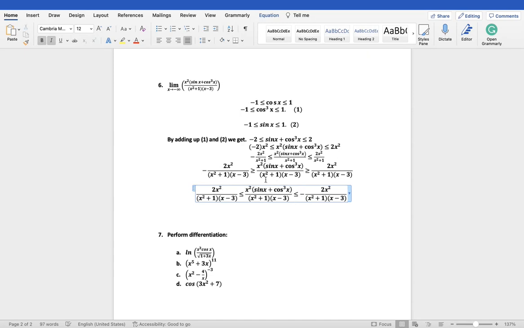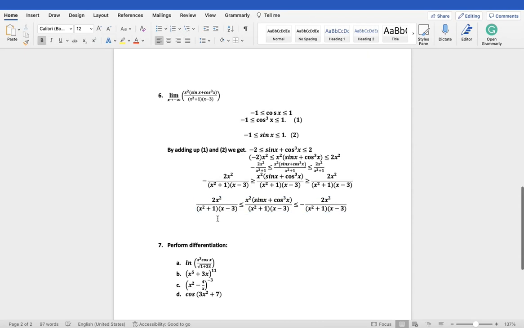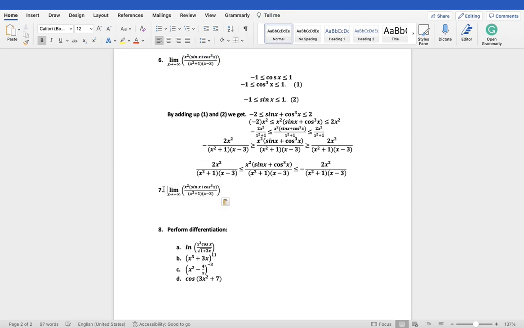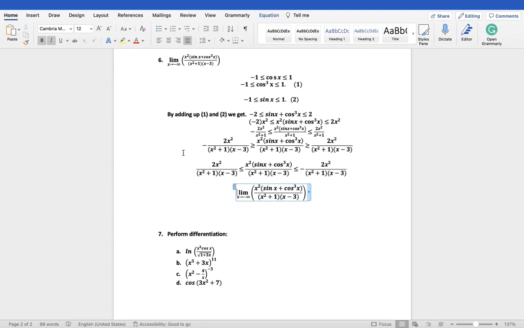That now is your final form. So what you have to do now is take this limit and apply it on all sides of the inequality. Let's apply it for our first case here.